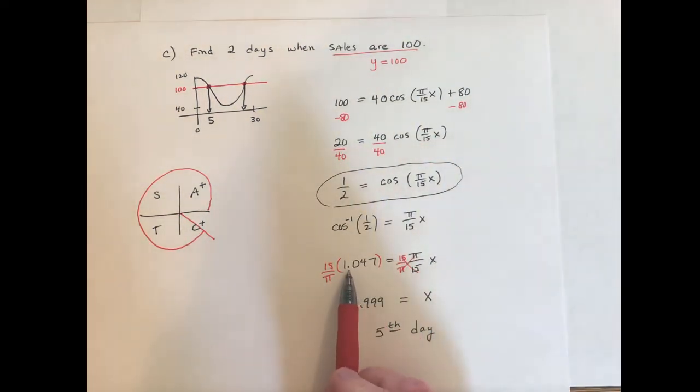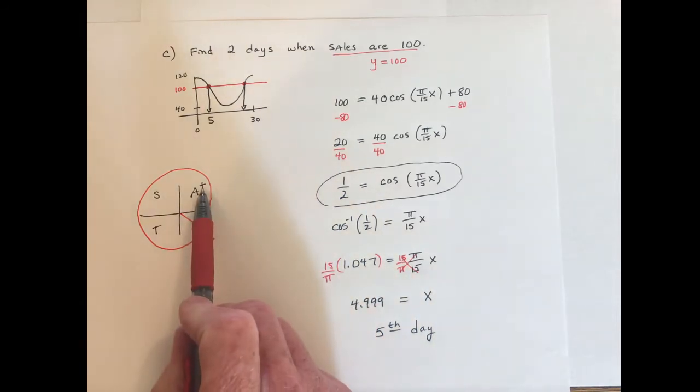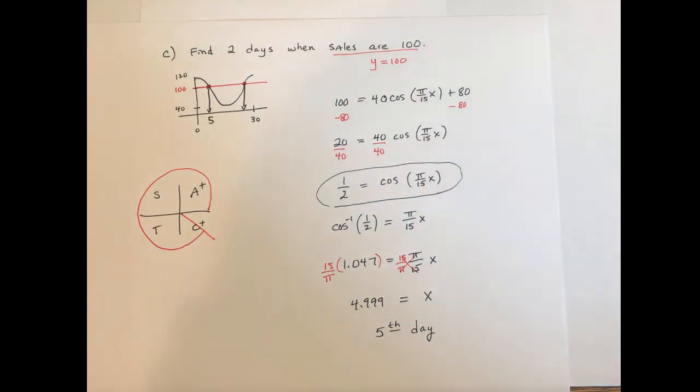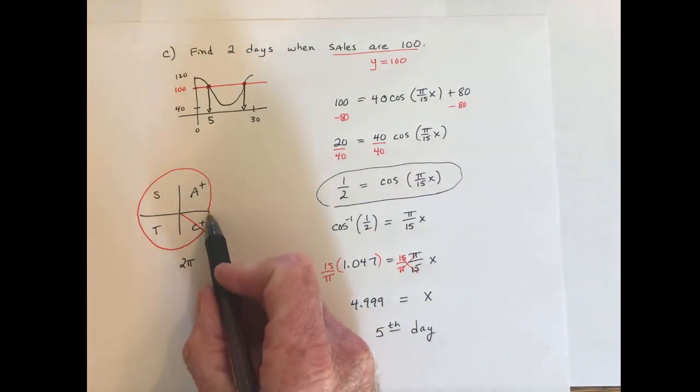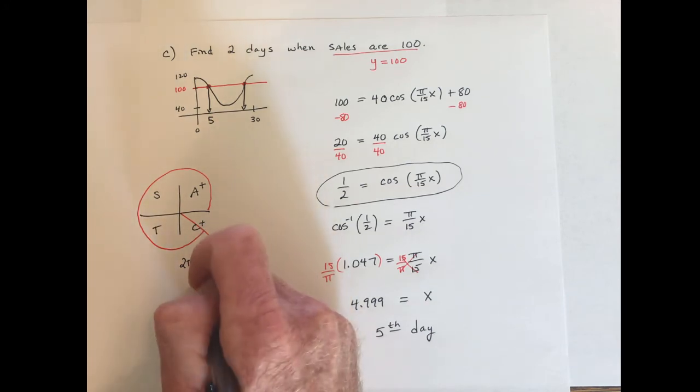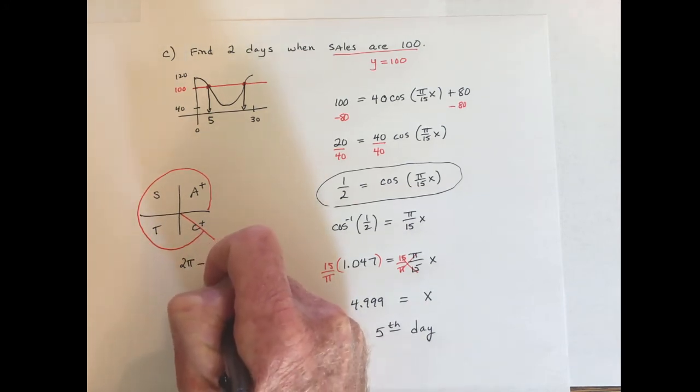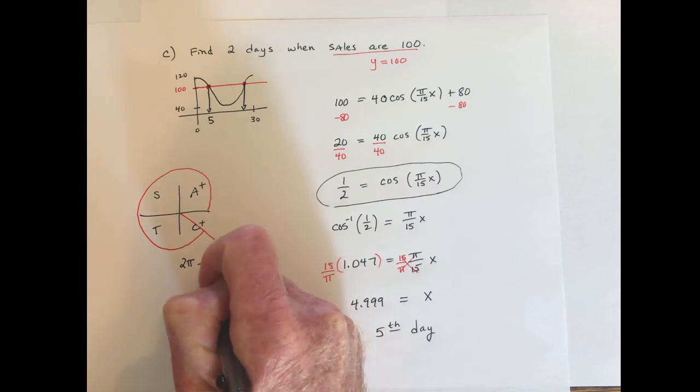So previously we had gotten 1.047, that's the answer in the 1st quadrant. For the answer in the 4th quadrant, it's going to be 2 pi. So that would be if we went all the way around the circle as 2 pi, but it's a little bit smaller than that by 1.047. So subtract that.